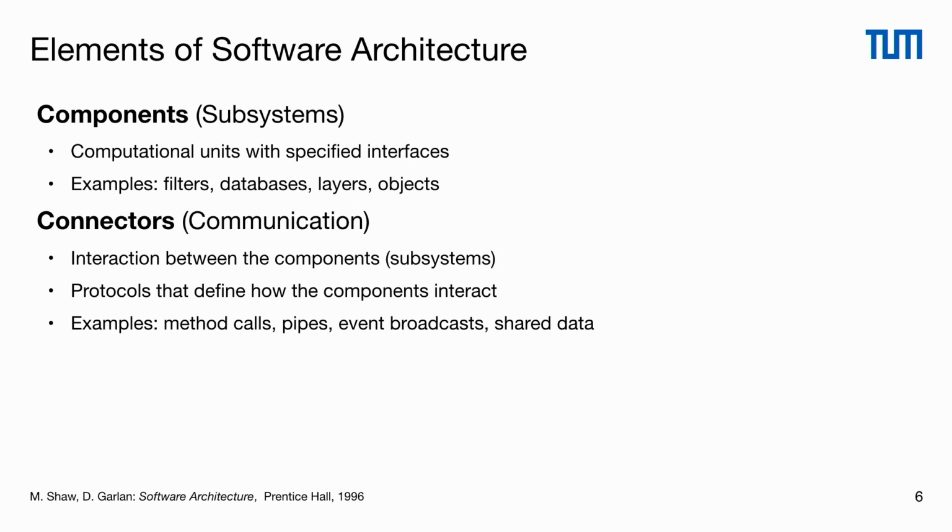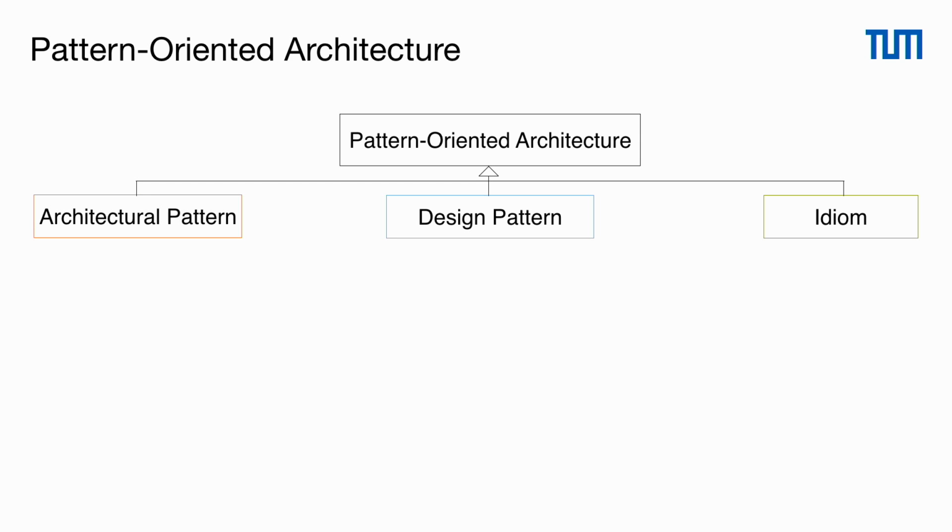Examples are simple method calls, pipes, broadcasts, or shared data. Always keep in mind, what makes a good architecture? We have to be resilient in the face of change, so we want to achieve low coupling and high cohesion. The architecture should guide you throughout the whole product lifetime, and we want to reuse this established engineering knowledge.